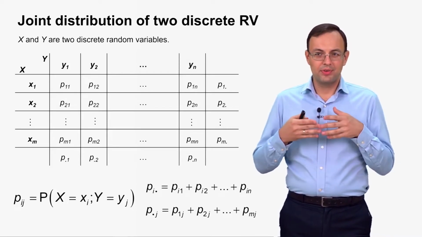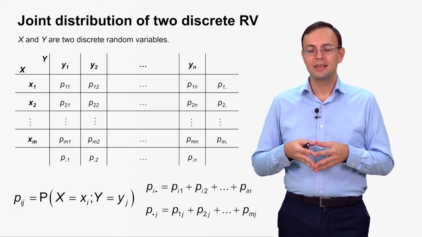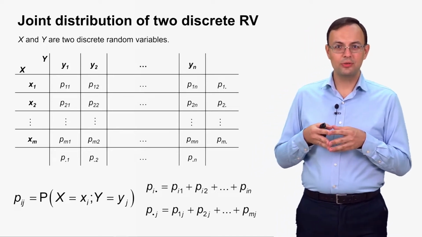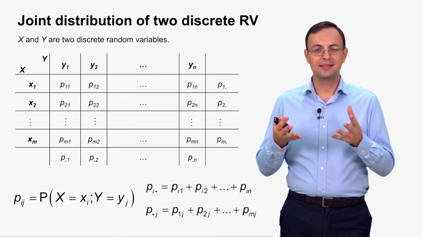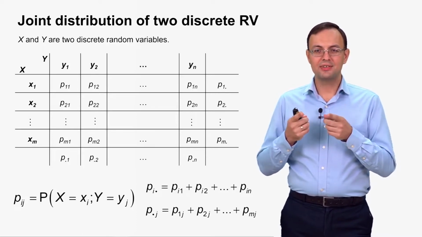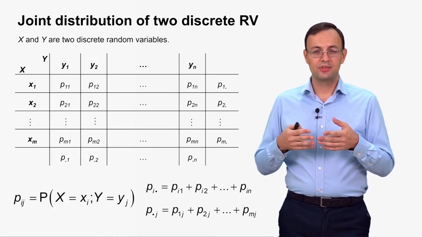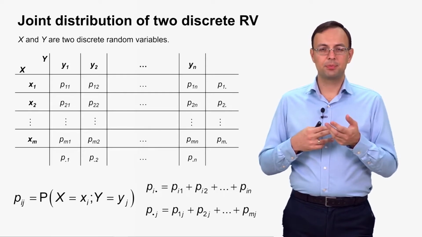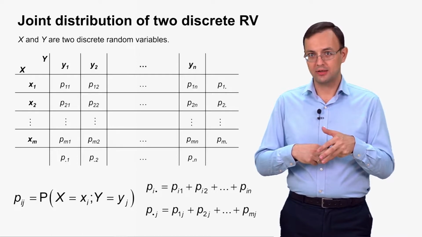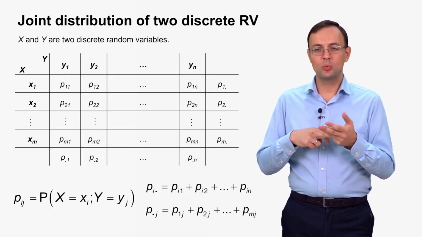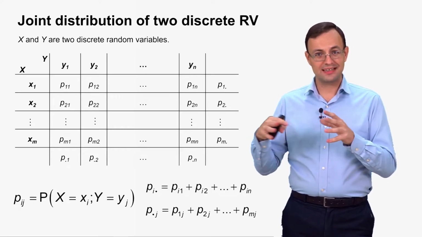What is the physical meaning of these sums? When you add, let's say, all probabilities that are in the first row, what do you get as a result? These are the probabilities that x is x1 and y is y1, that x is x1 and y is y2, that x is x1 and y is y3, and so on.